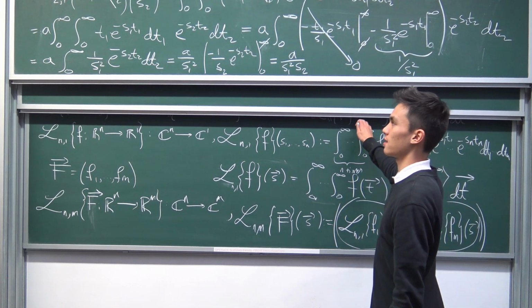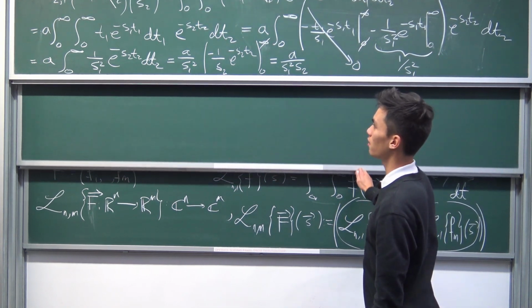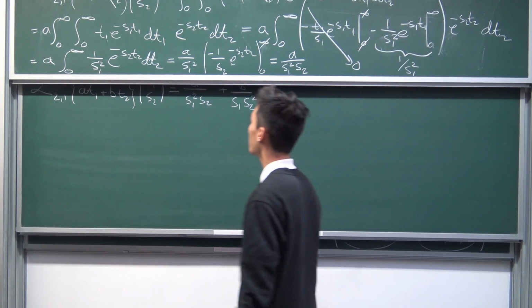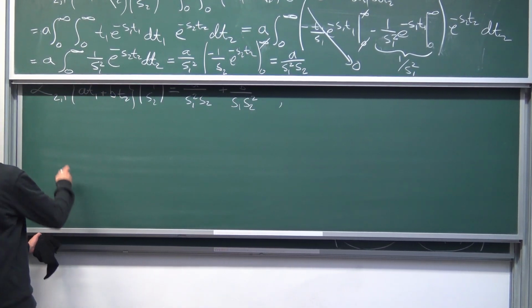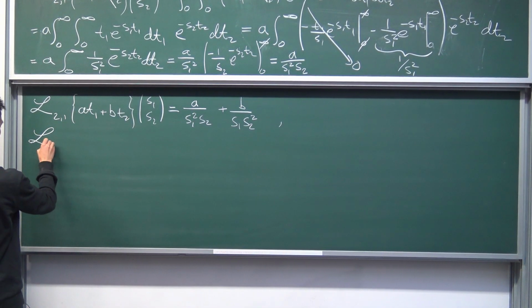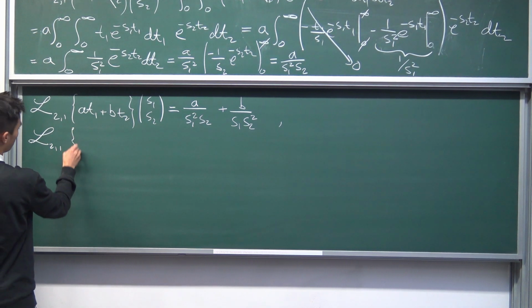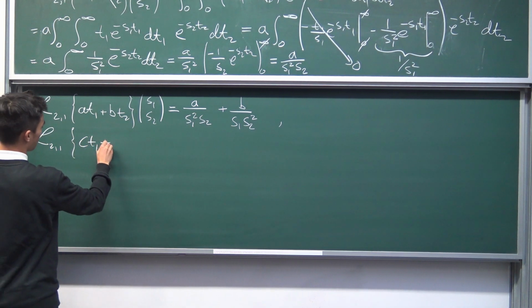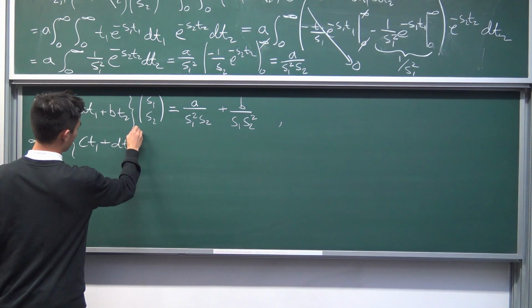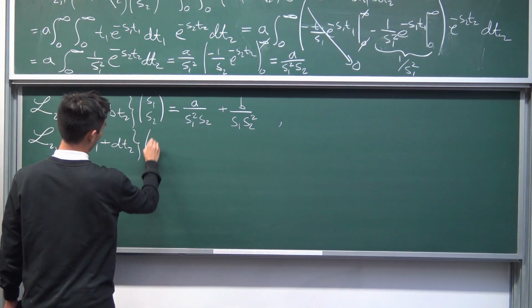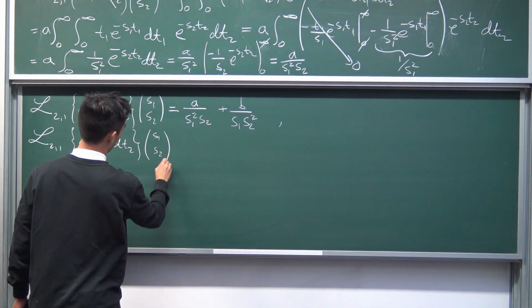So what on earth is the second component? Well, we found it up over there. It was ct1 plus dt2. So let's do the Laplace transform of ct1 plus dt2, with s1, s2 once again.